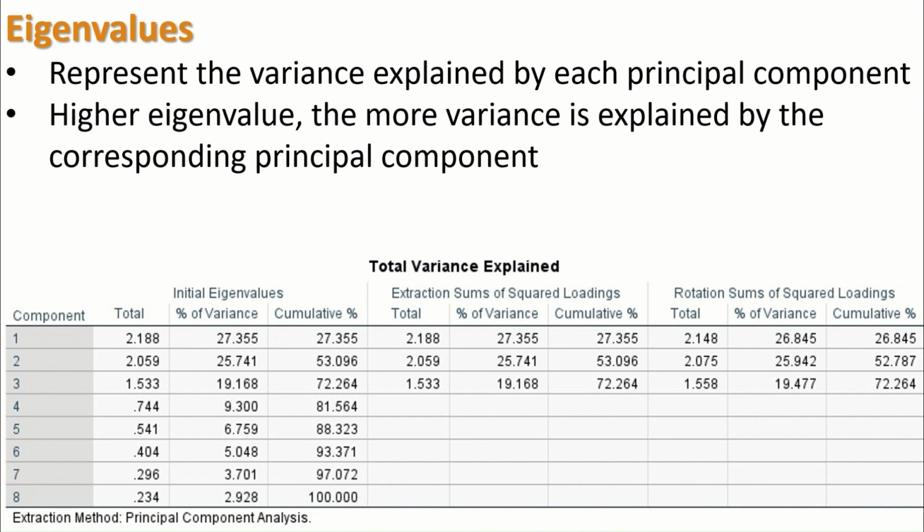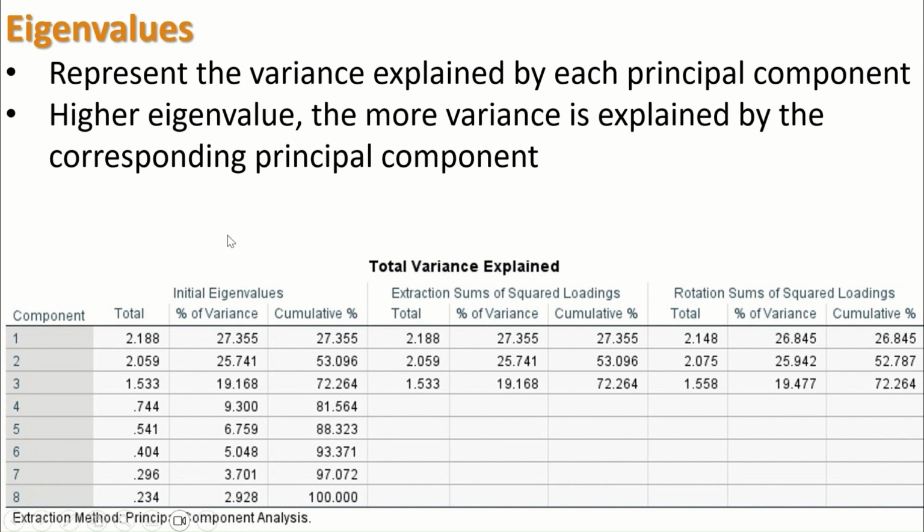For the eigenvalues, when performing the PCA, the eigenvalue is set as greater than 1. So what does this eigenvalue mean? It represents the variance explained by each principal component. The higher the eigenvalue, the more variance is explained by the principal component.